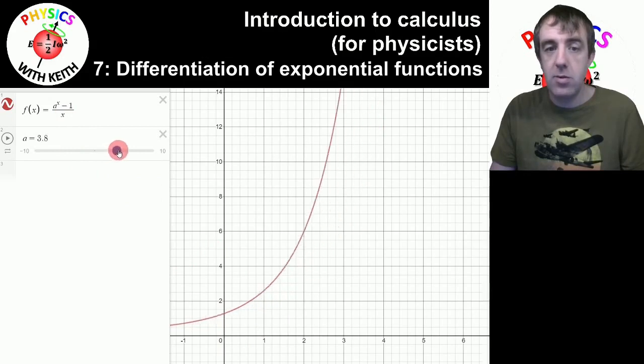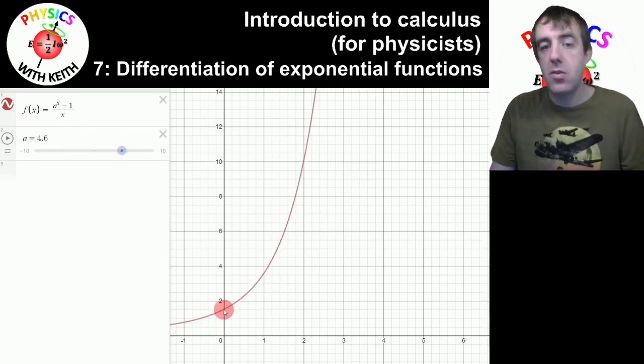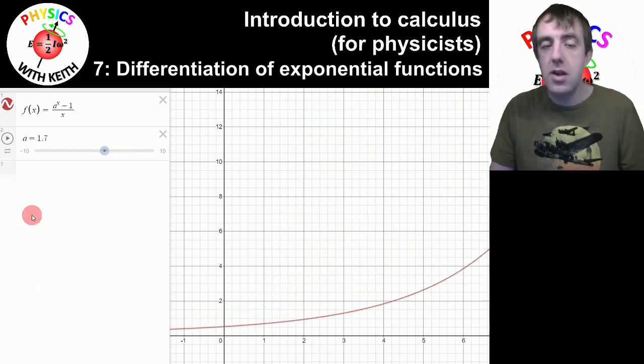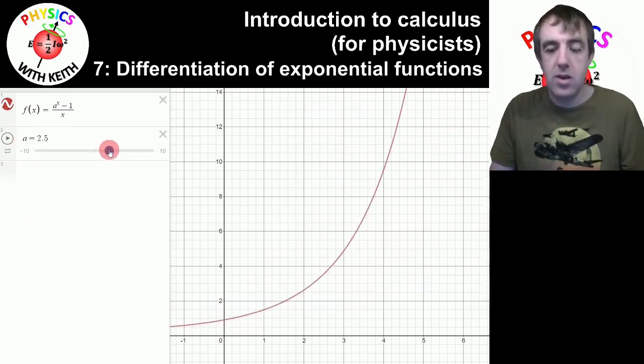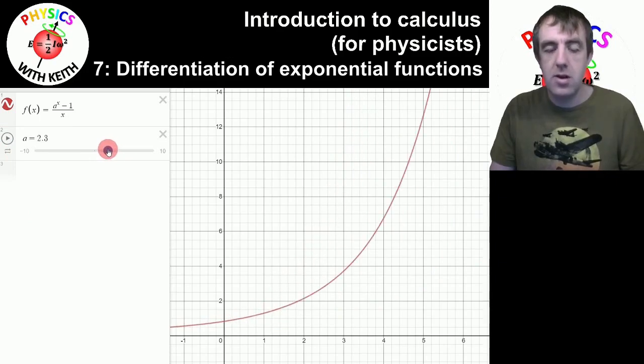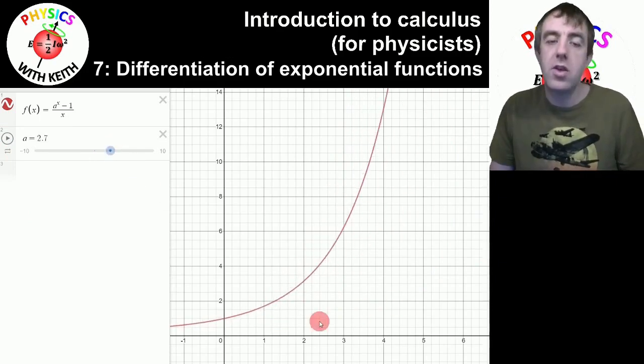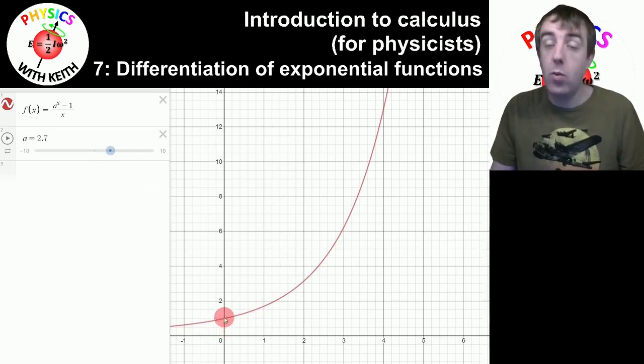And if the number was a little bit bigger, then we would cross the y-axis at a number greater than 1. And if it were a little bit smaller, less than 1. But when a equals that special number, a little bit more than 2.7, then we cross the y-axis at 1, which is what we needed this function to do.